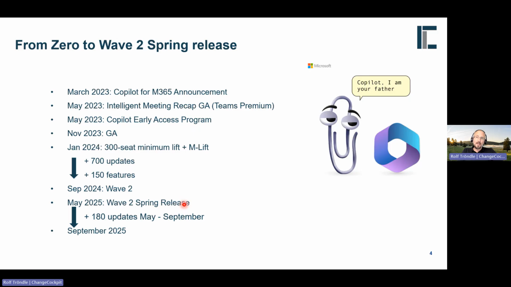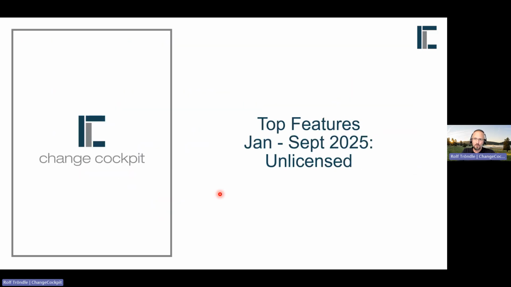And then in Change Cockpit, we announced from May this year till September another 180 updates regarding Copilot. So that's insane what's going on here, and the pace they are releasing new features and updates. So now we are in September 2025, and because it's so many features, I summarized my top features which were coming out from January till September this year.